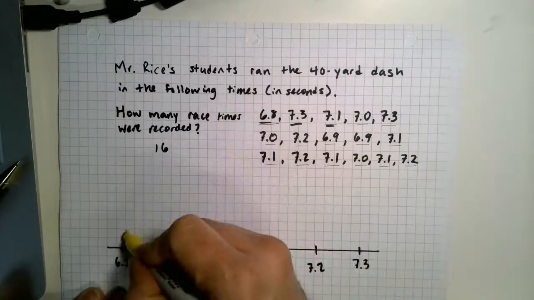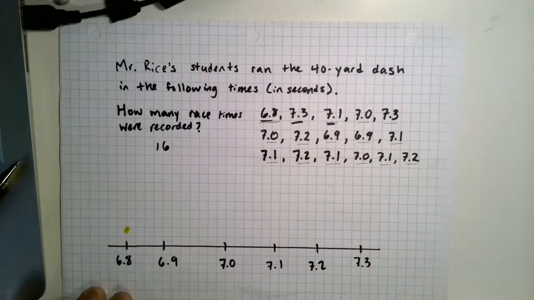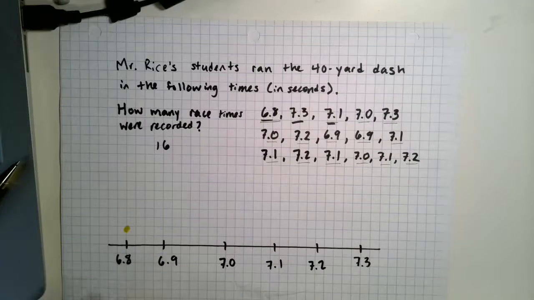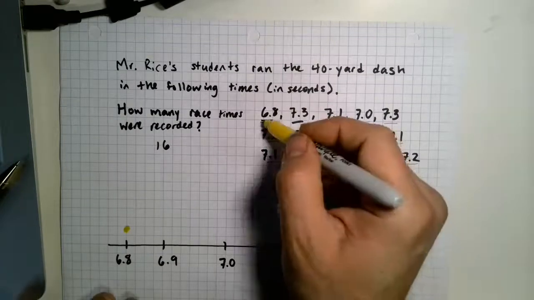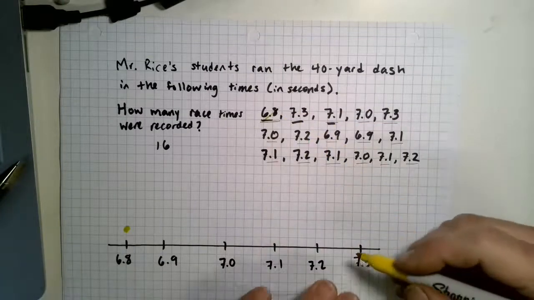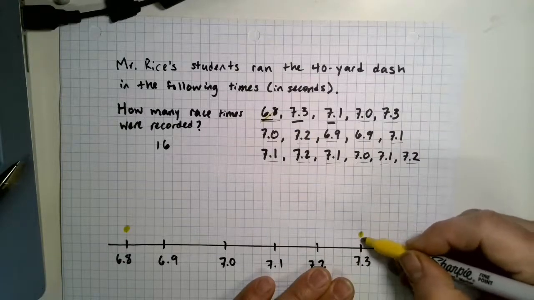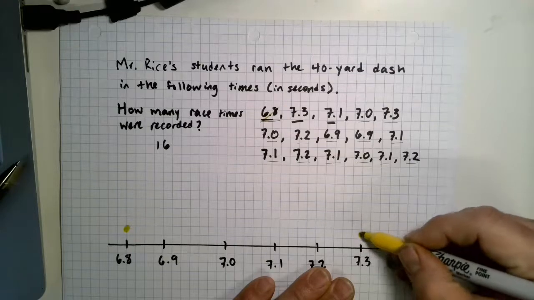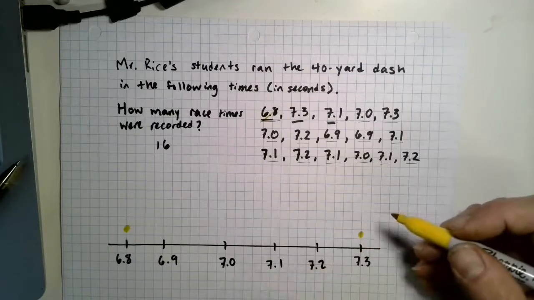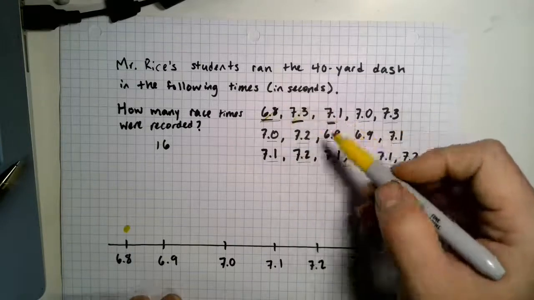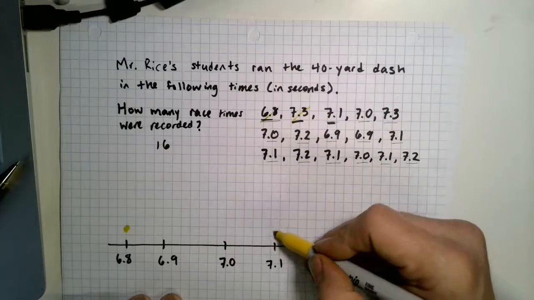So at 6.8, we got one little dot. Okay. At 7.3, I have another dot, and I'm gonna try to keep these in the same little box spaces right here. At 7.1, I have a dot.